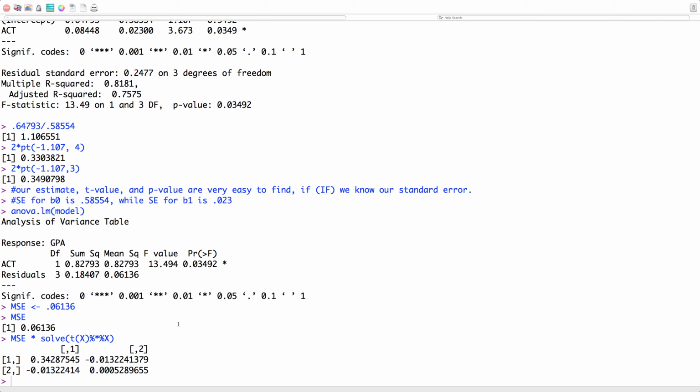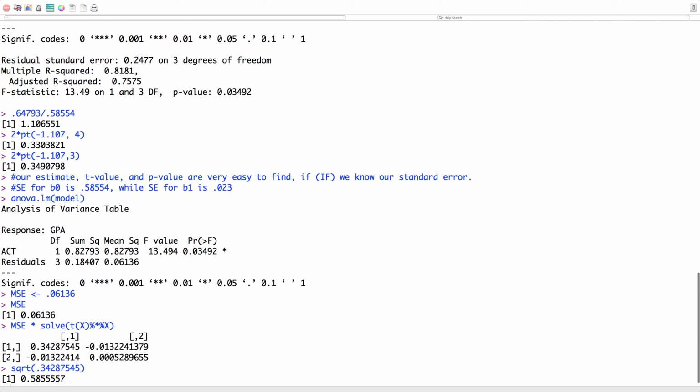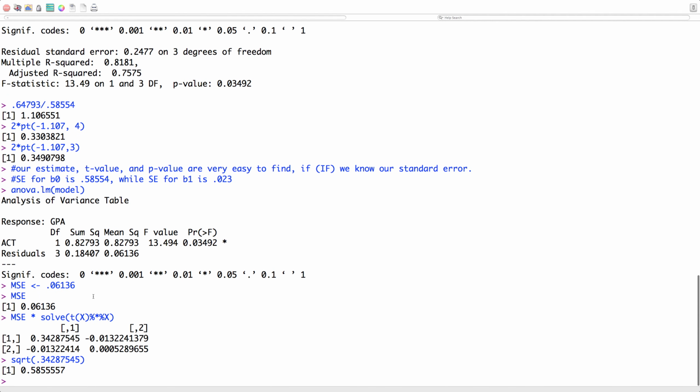So as we can see, if we take the square root of 0.342875, we're going to get 0.5855, which is exactly, well, within rounding, what we expected to get right here.